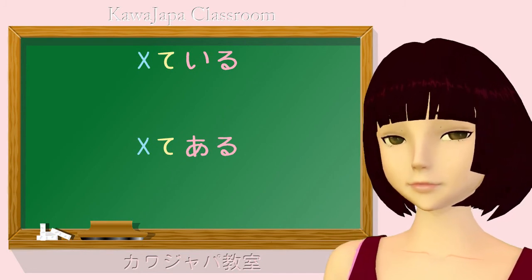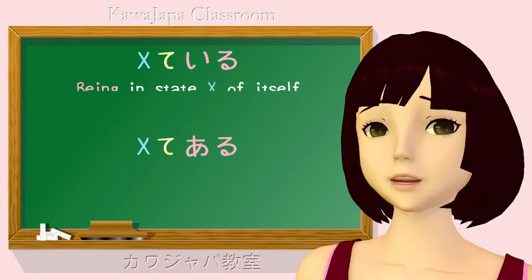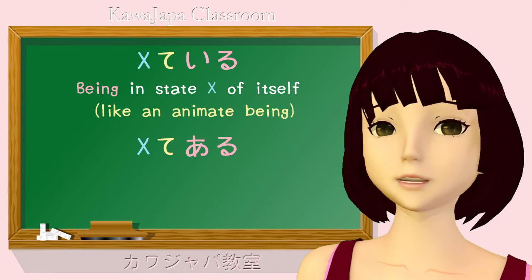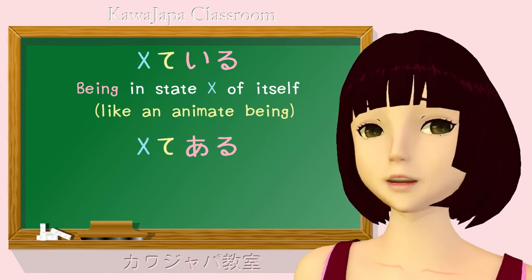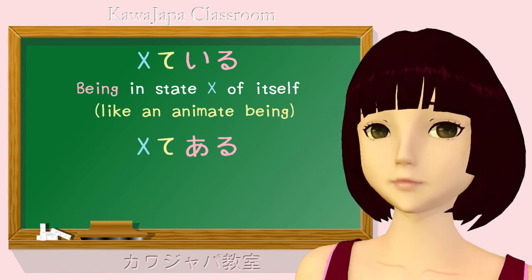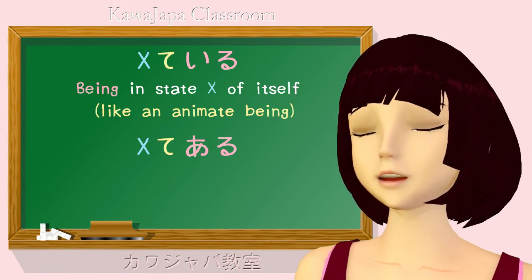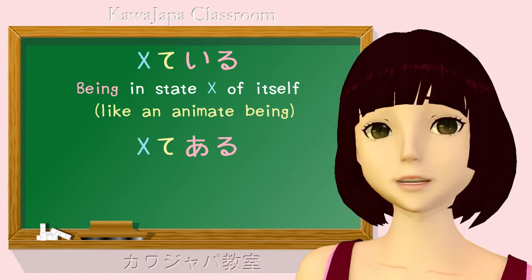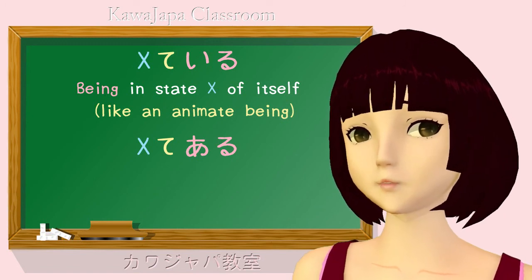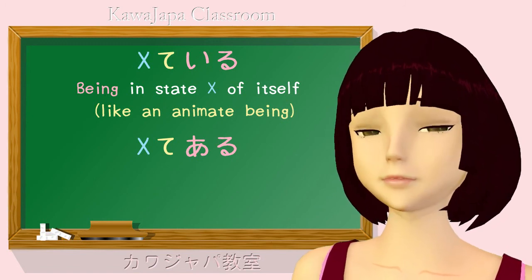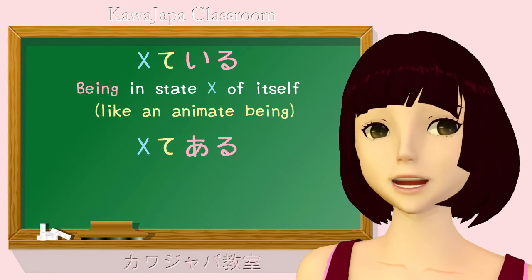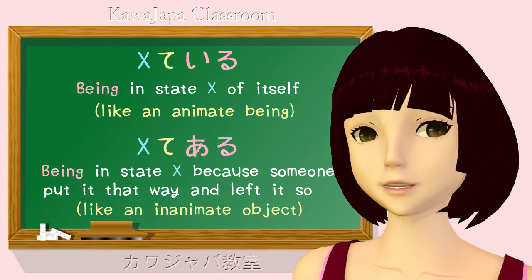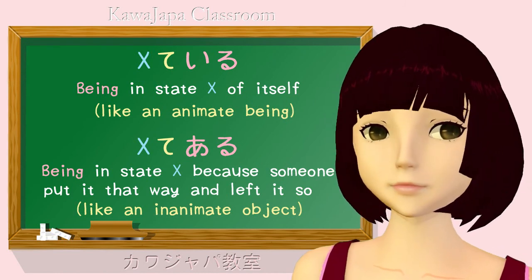Yes, there is a logic, and the logic is this. When we say Mado ga aite-iru, we are treating the window almost as an honorary animate being. We are not implying that any other agent did anything to make it be open, even though in fact they probably did. We are treating it as if it were open of its own volition. If we say Mado ga akete aru, then we are putting the emphasis on the fact that somebody opened it and it's been left open for a reason.